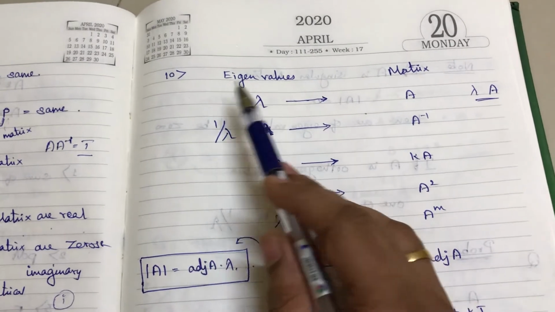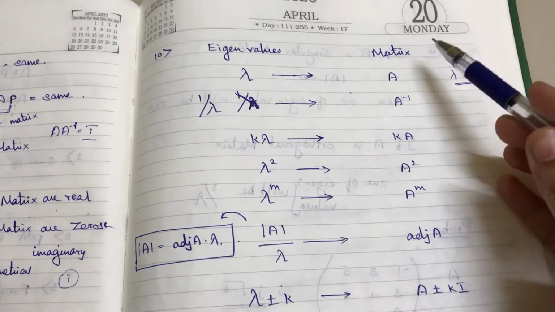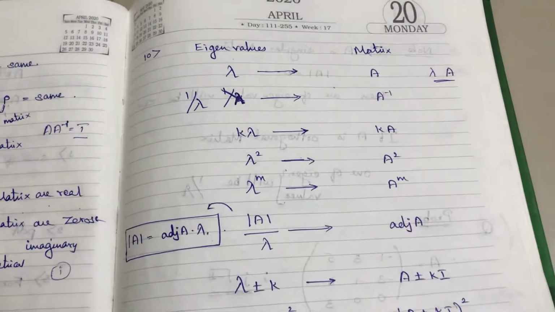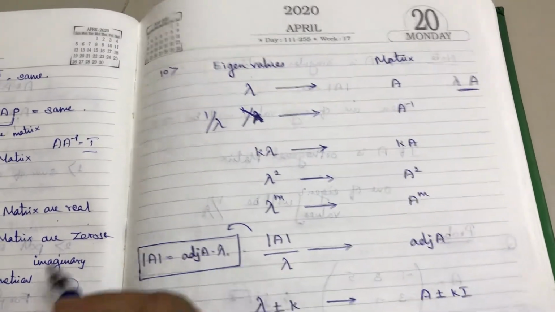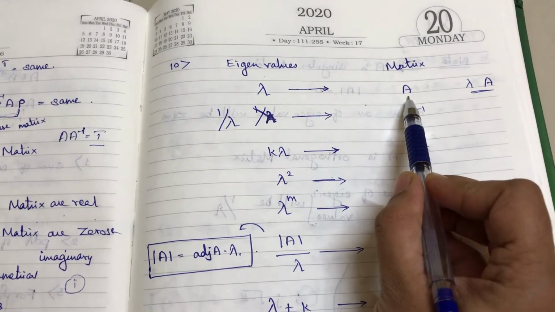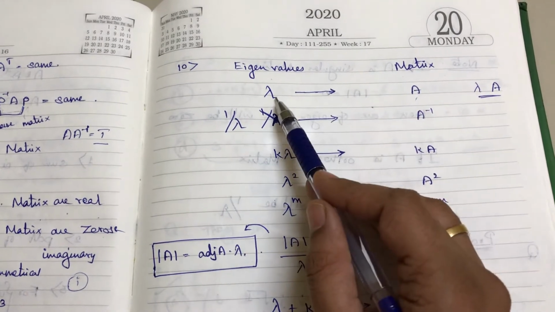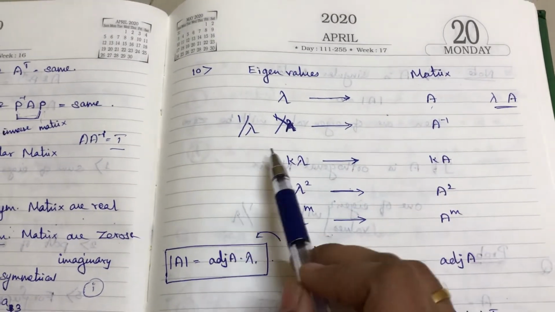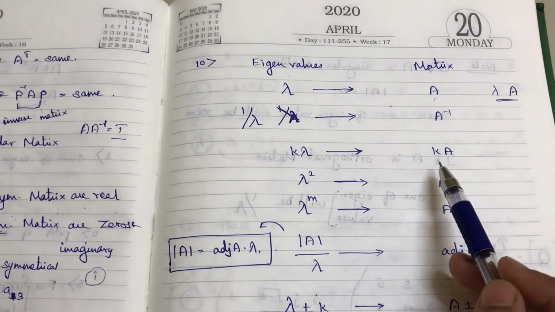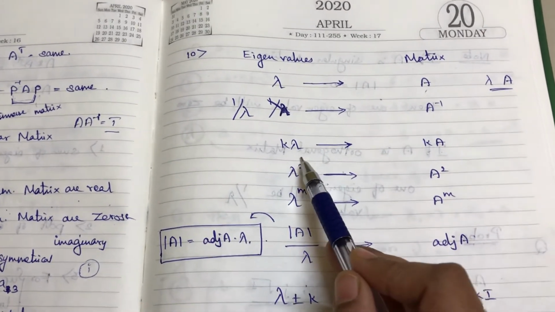Next, the 10th point is eigenvalues and matrix. I have written the matrix and the eigenvalues here. For matrix A, the eigenvalue is lambda. A inverse means 1 by lambda. A constant into A means a constant into lambda.